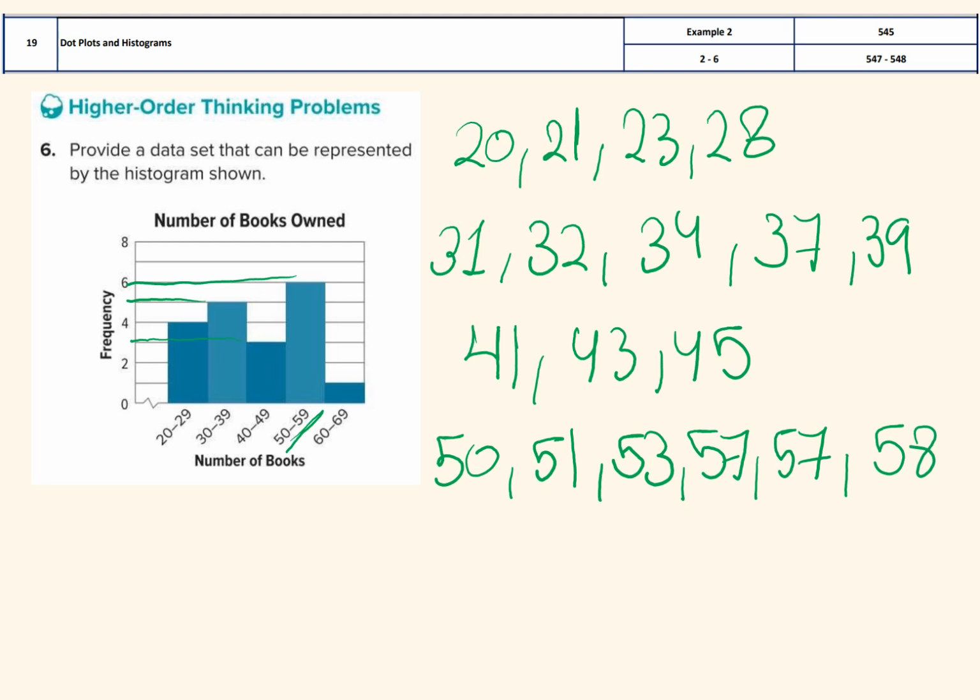At the end, let's check the values between 60 and 69. We have only one value. The frequency is 1. That means we have only one value. Let's say 62. So this data set could represent the histogram.